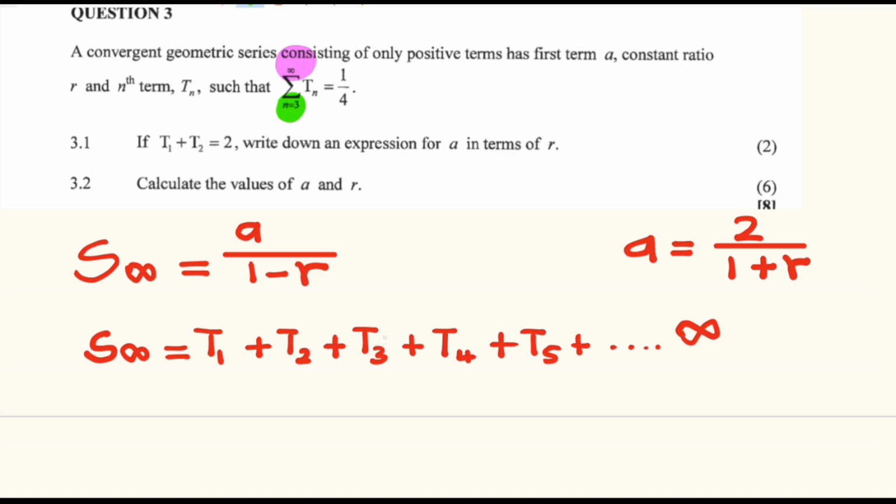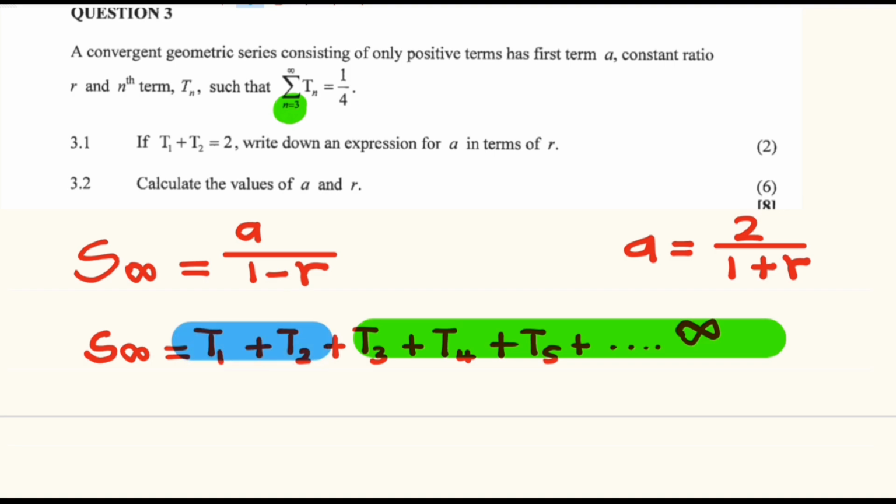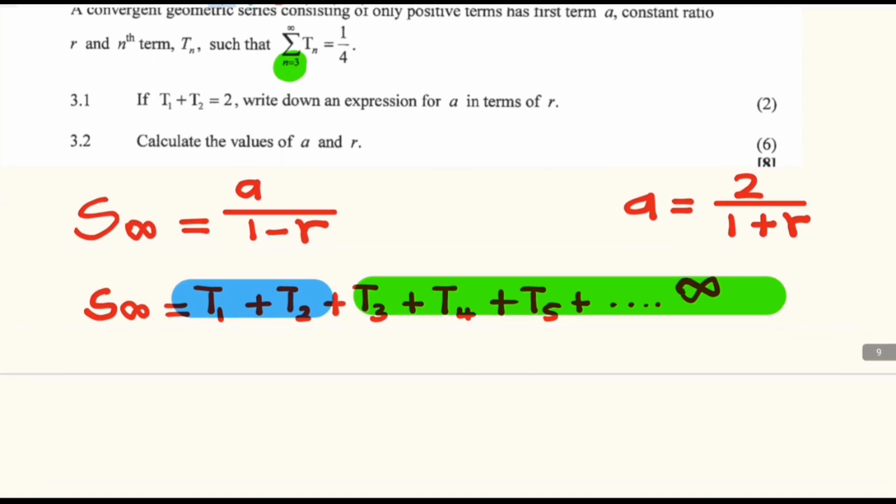I mentioned that the tricky part is that our n starts from 3 and not 1. So it includes the terms from 3 up until infinity, and the 1 over 4 excluded term 1 and term 2. But we have been given the value of term 1 plus term 2.